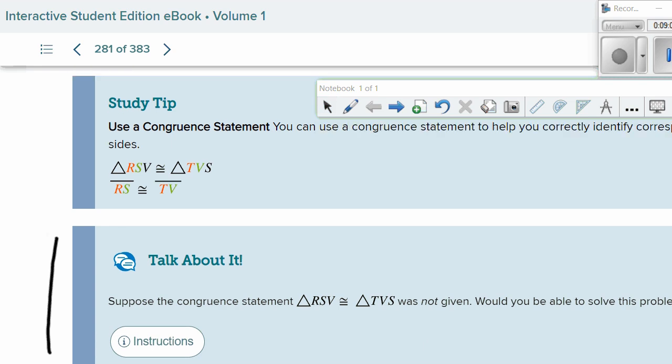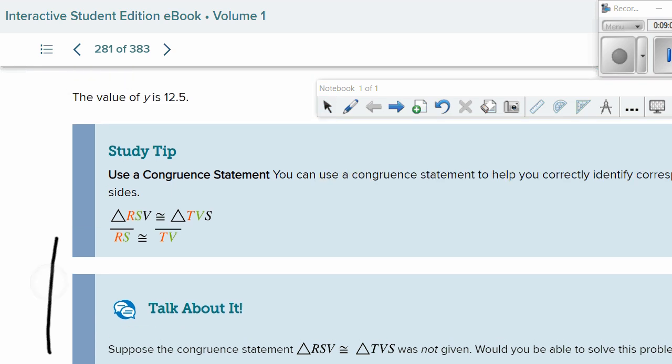When we're looking at this congruency statement, they're kind of going back to what I was showing you before. We got to match up the pieces. So remember, I underlined RS had to be equal to TV. So when you're doing these problems, you just got to make sure that you go back and look and make sure you see what's going to be corresponding here. Okay. All right, that's good there.